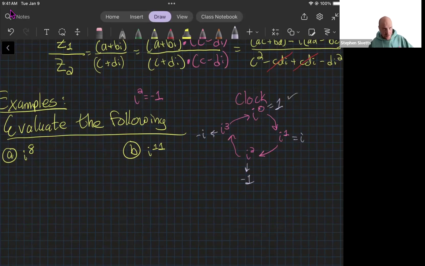So I to the 0 has the same output as I to the 4th, and then I to the 8th, I to the 12th, I to the 16th, and so on.